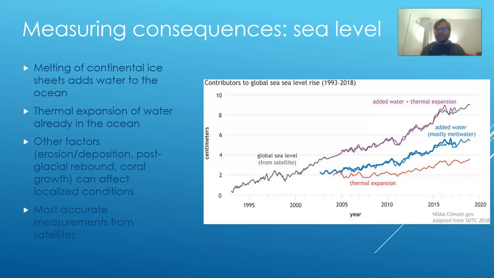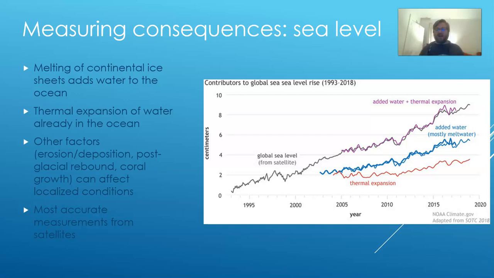There's post-glacial rebound, so a lot of areas, including the eastern United States, got squashed down by the weight of the ice sheets during the ice ages. And after the ice retreated, the land is very slowly bouncing back. It's very slowly rising back up to where it was before the glaciers came along. So that post-glacial rebound can cause a seeming drop in sea level if the land itself is going up.